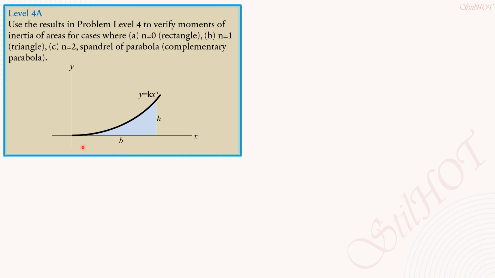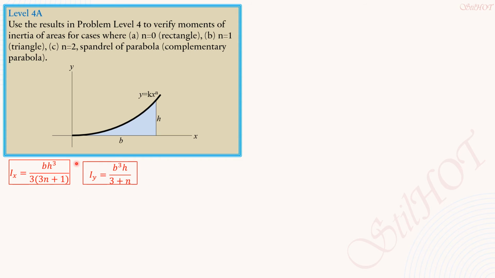So for the formulas, remember that Ix of the shaded figure is bh cubed over 3 quantity 3n plus 1, if you can remember the solution, while Iy is b cubed h over 3 plus n, can remember from level 4.